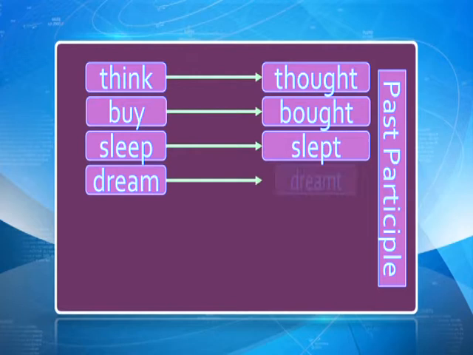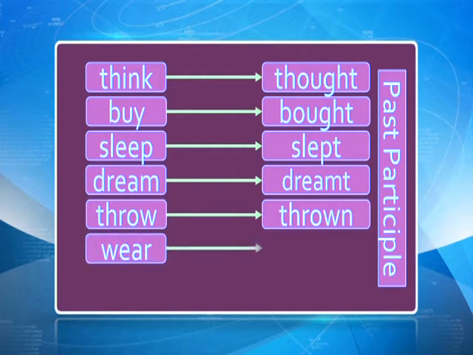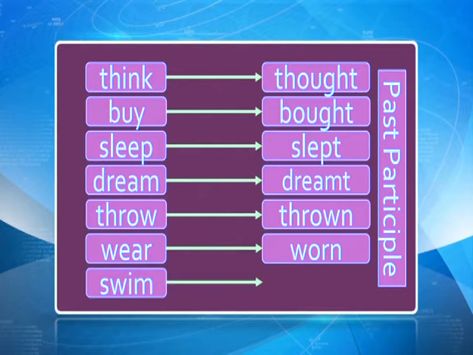Dream is formed by adding T at the end, dreamt. And throw, the past participle of this verb is thrown. And wear, come on, make a guess. Wear, the past participle of this is worn. Now, we finish with the last verb, swim, swam.